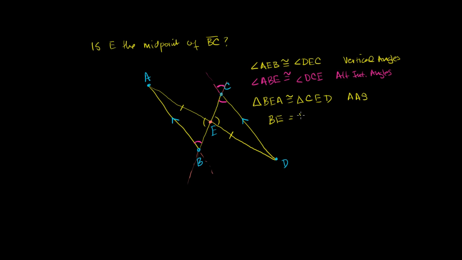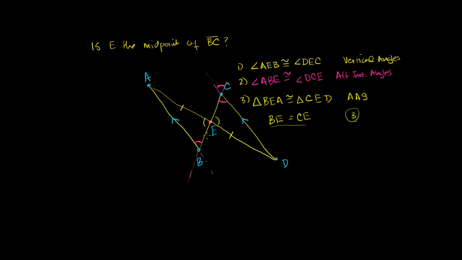And this just comes out of the previous statement. If we number them, that's 1, that's 2, and that's 3. And so that comes out of statement 3. And so we have proven this. E is the midpoint of BC. It comes straight out of the fact that BE is equal to CE.